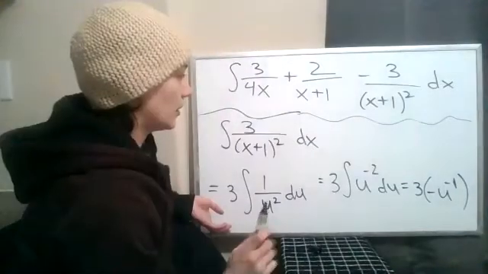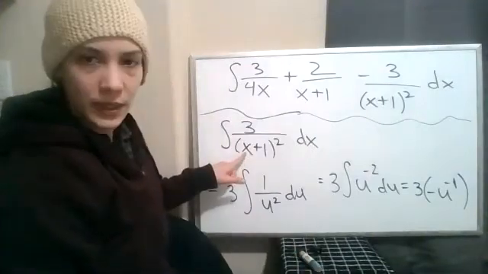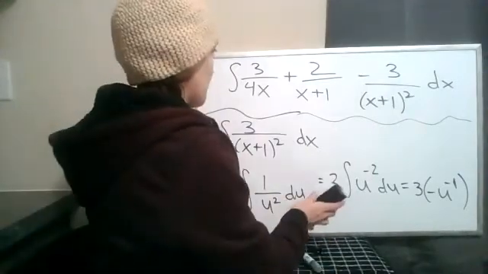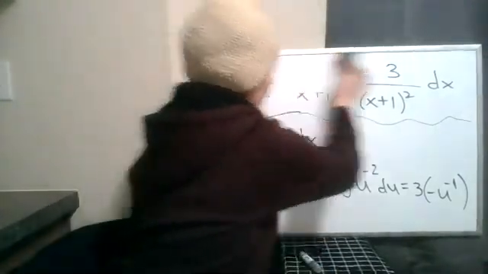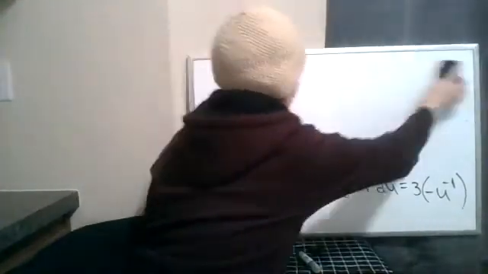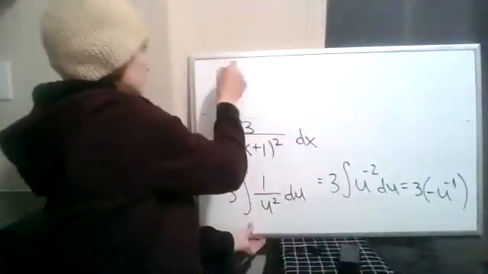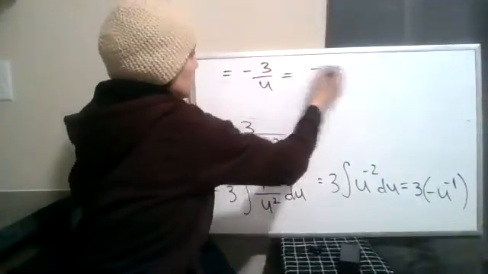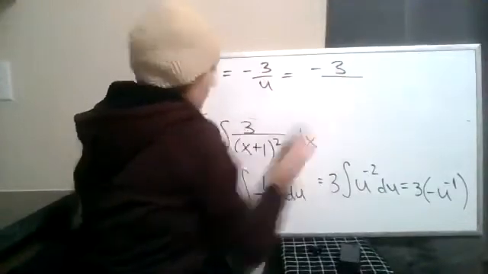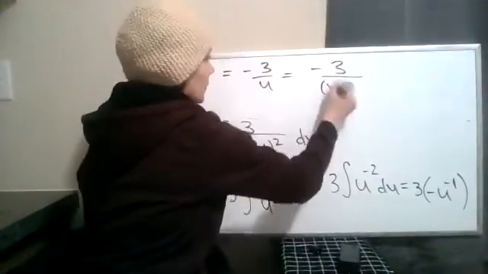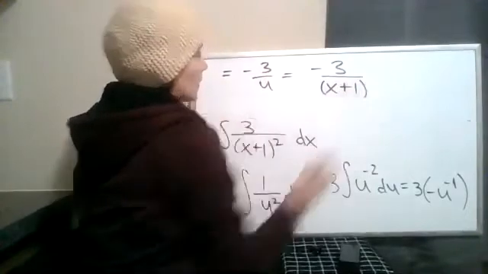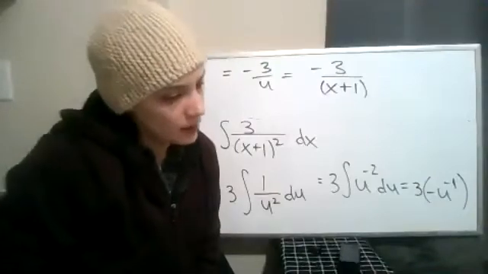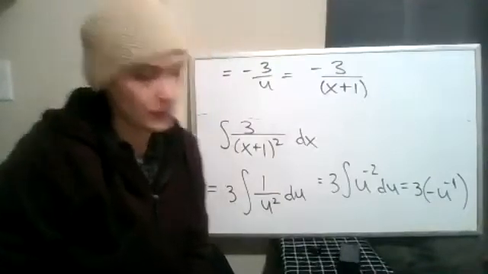And I also want to put in what u is, which is x plus 1. And that's everything. Negative 3, cool.